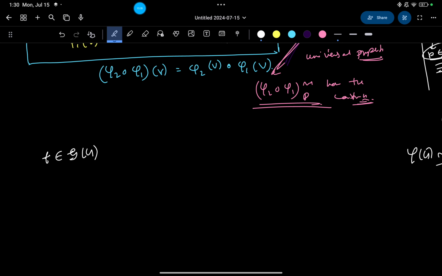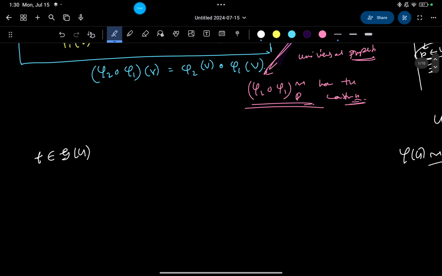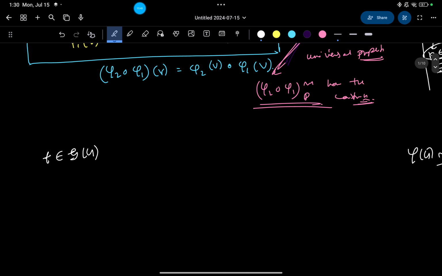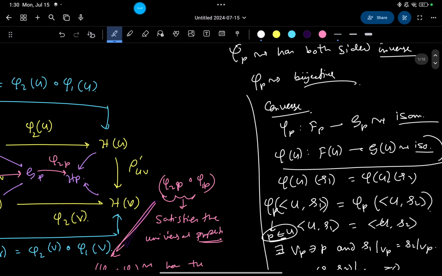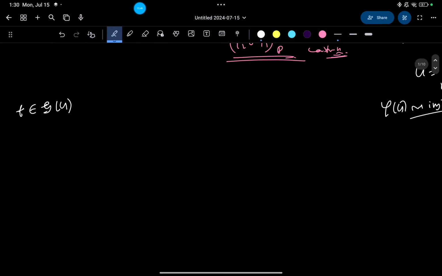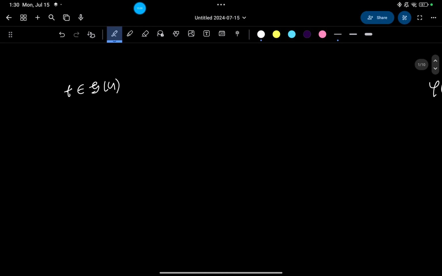Then (u, t) belongs to g of p for any small p belonging to u.